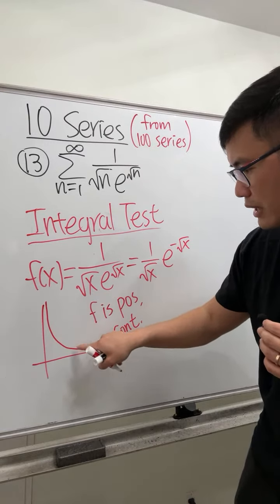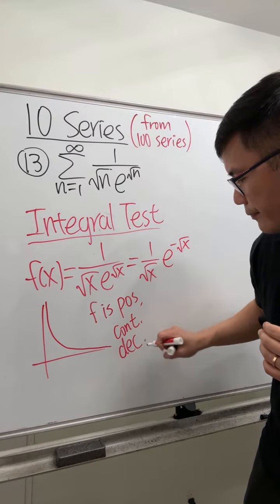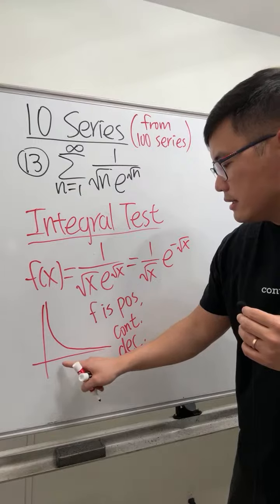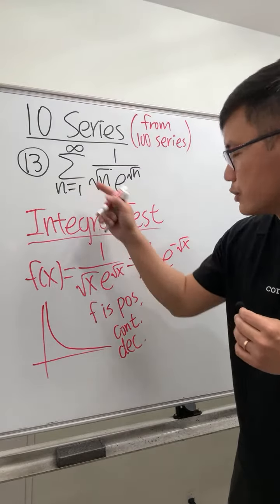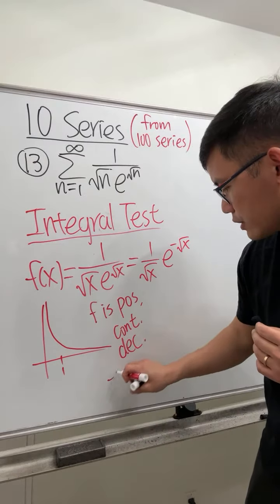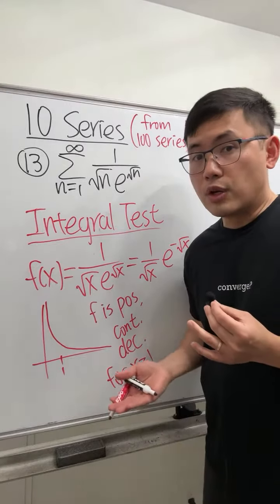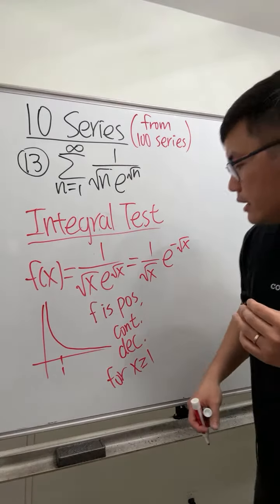There's no gaps anymore and all that, and then decreasing. And you have to mention that it is continuous after 1 because we just care about from 1 to infinity. So let's say this right here is 1, so I'll just say for x is greater than or equal to 1.